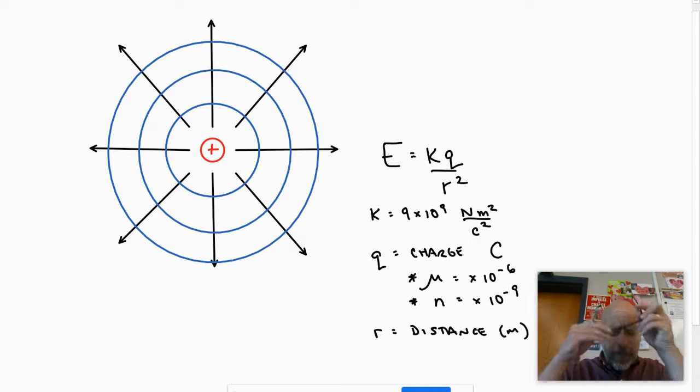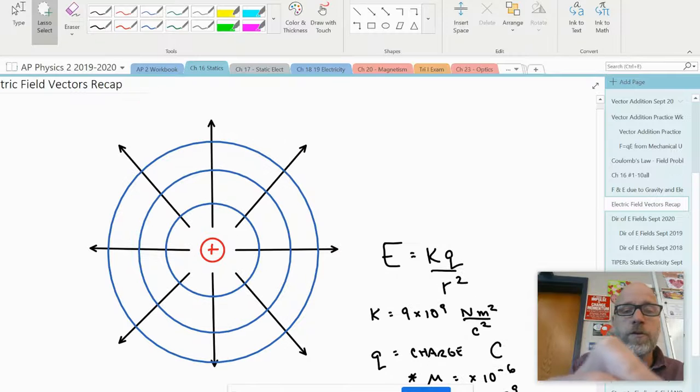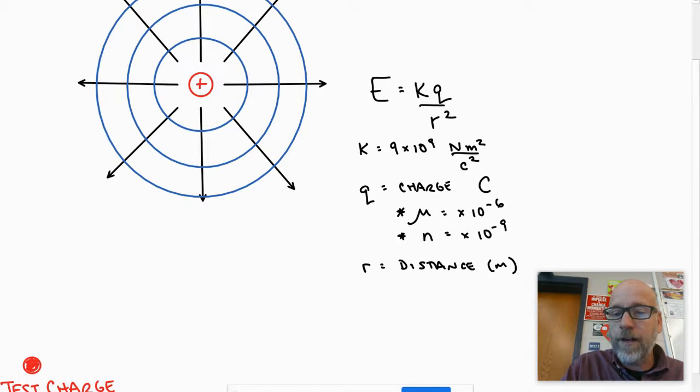So in order to calculate that, we're going to use our formula kQ over r squared. Now this is a vector. So you've got to make sure that you realize when we add these together, these are vectors. That might be the most important lesson of the day.